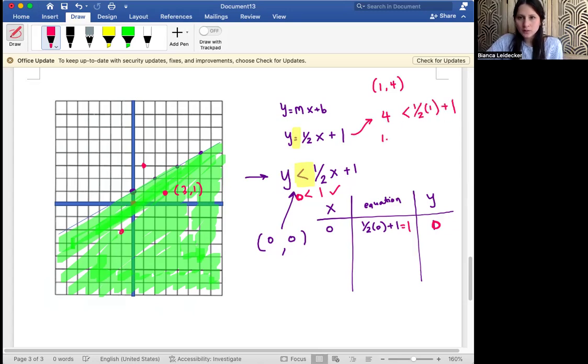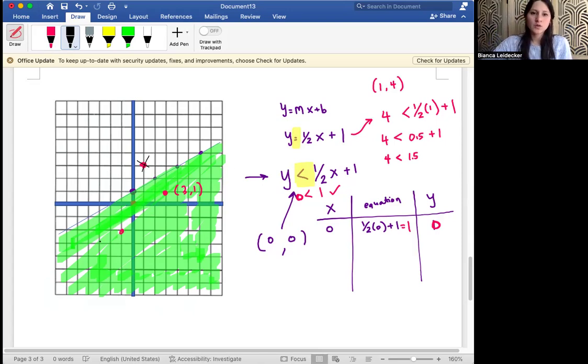If you work this out, 1/2 times 1 is 0.5, 0.5 plus 1 is 1.5. That is not greater than 4. And so this ordered pair is not a potential solution for this inequality.